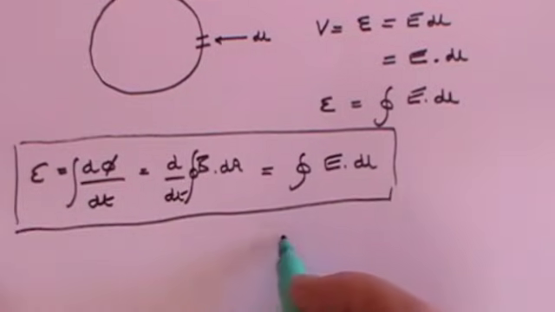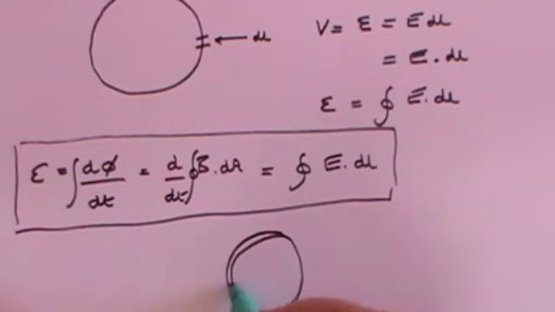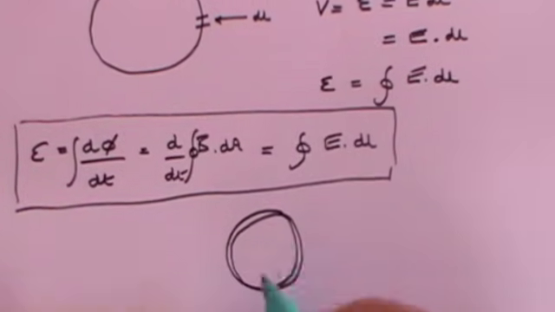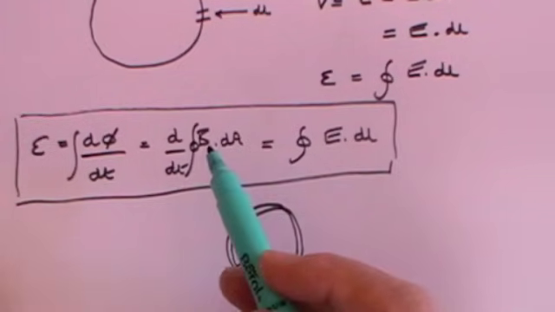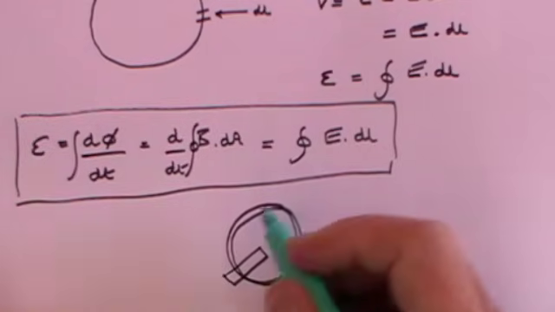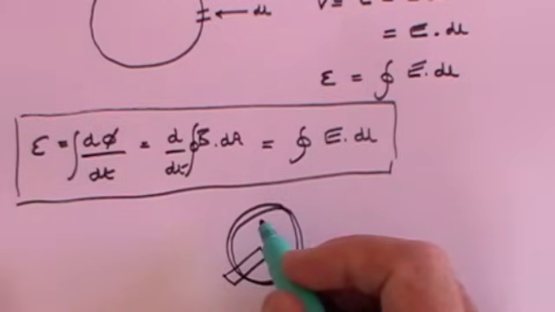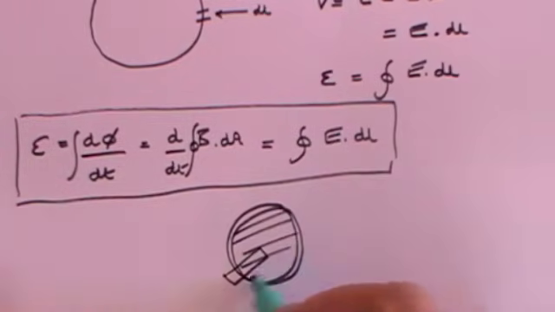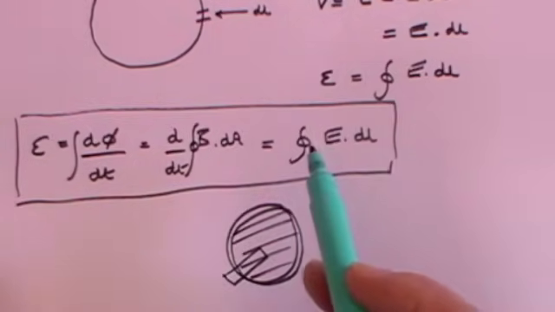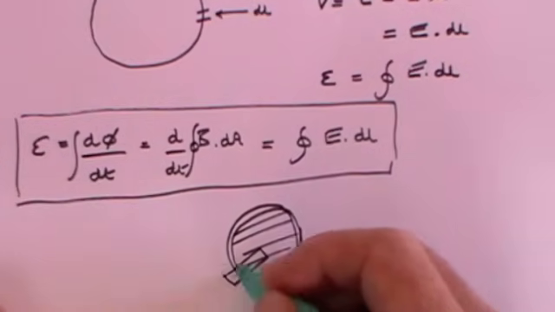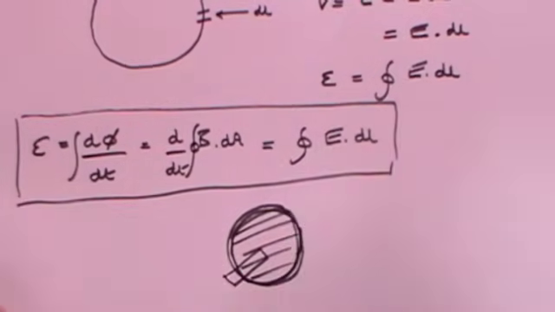Just to remind of what we're talking about, remember we started off with the idea of a loop of wire, and we have a magnet which we are moving in and out of that wire. That magnet creates a changing flux, and the integral of that flux going through the area, that is this open surface, that's this surface here, the integral going through that surface, which is this term here, is equal to the integral of the closed loop, that is this loop here, of E dot dl.